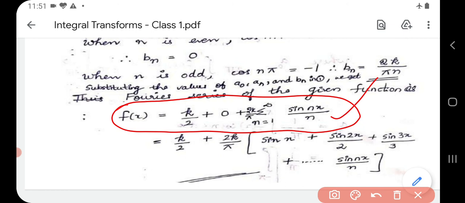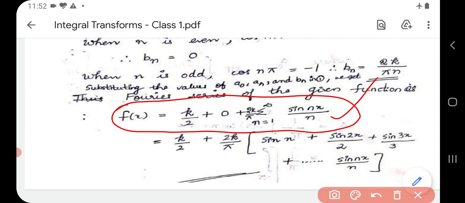Now what happens when n is even? What about the coefficient b? You will get the Fourier series f of x is equal to k by 2 plus 0 plus 0. So f of x is equal to k by 2 when you take n as even, because bn will be 0.